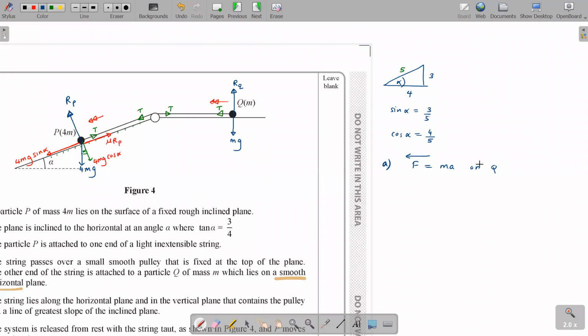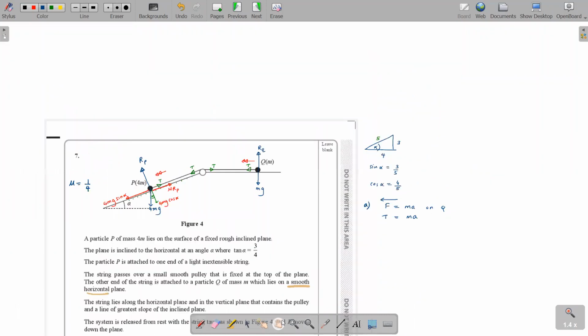So what are the forces acting on particle Q horizontally? You only have tension. There's no friction. There's no opposing force. Mass is m, acceleration is unknown. So that's it actually. We just wanted to write the equation of motion. So this is it. The tension is equal to ma.